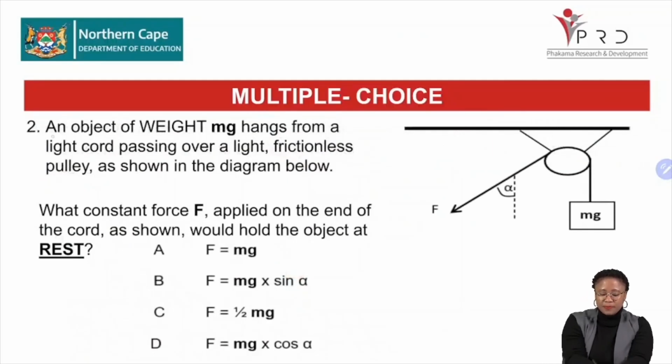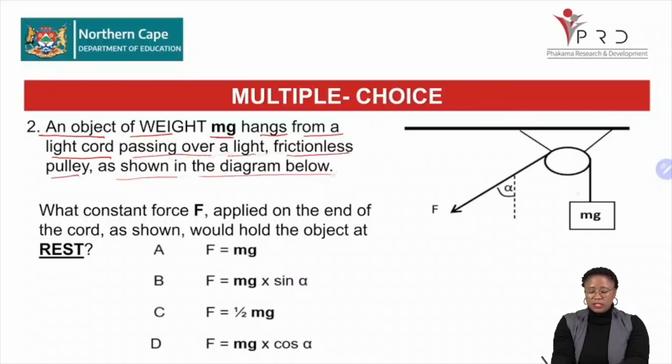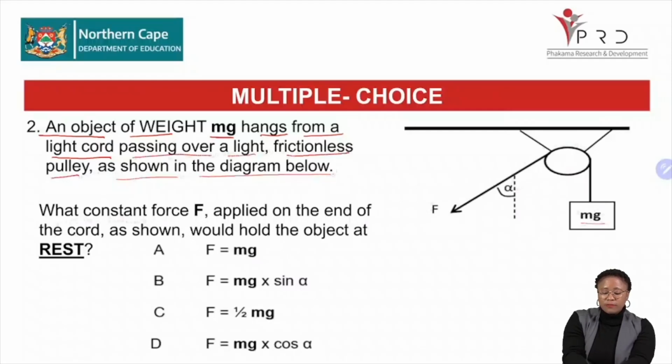It says, an object of weight mg hangs from a light cord passing over a light frictionless pulley as shown in the diagram below. As you can see from the diagram, we have mg and then we have the force there that is acting at an angle. What constant force F applied on the end of the cord as shown would hold the object at rest?